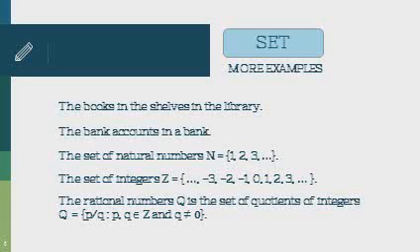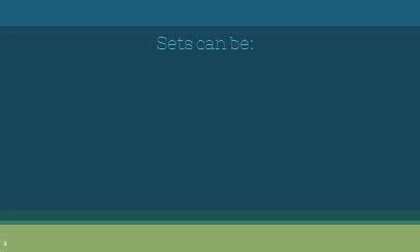The rational numbers Q is the set of quotients of integers. When we say quotient of integers, that talks about fractions, wherein Q is not 0. Ayan, kasi pag 0 na yung Q or the denominator, the answer will be undefined. Sets can be finite, infinite, empty.